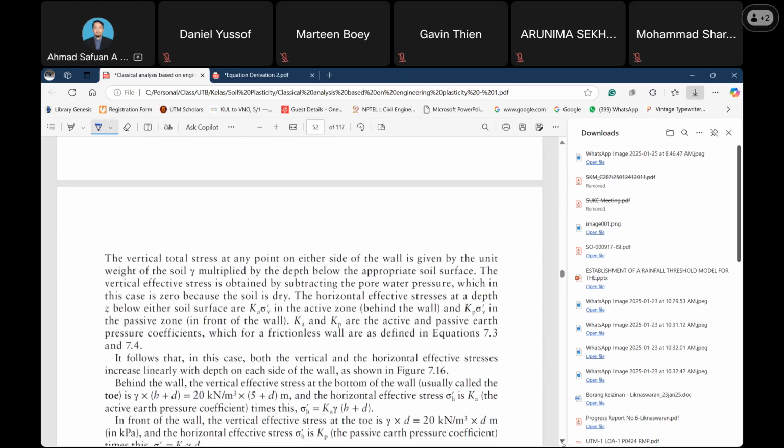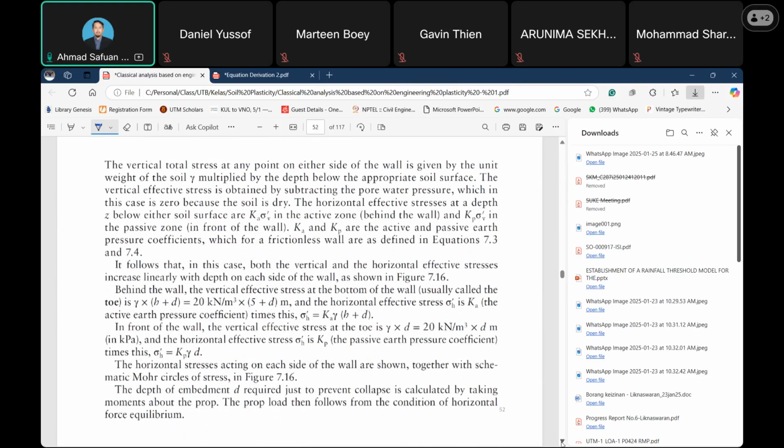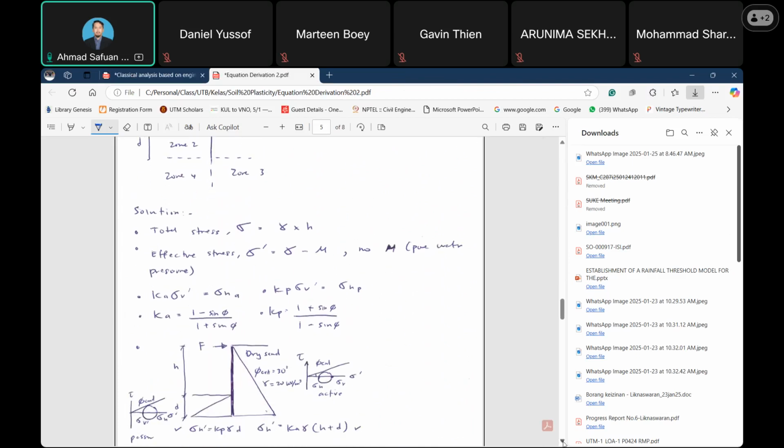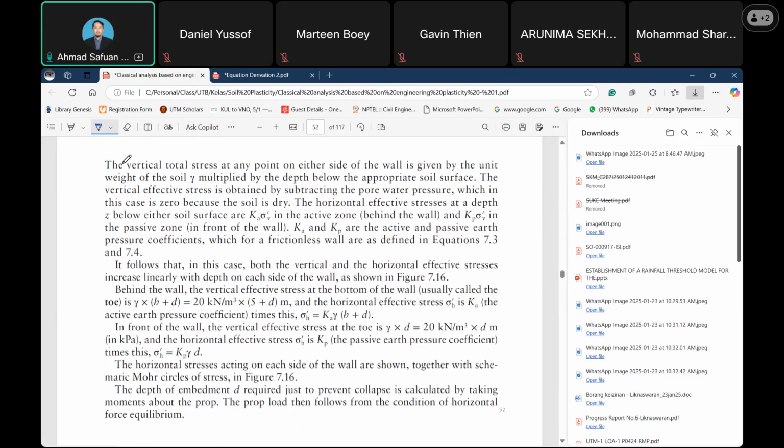Okay, so there is an explanation there. I will try to explain each sentence. For example, it explains the vertical total stress at any point on either side of the wall is given by the unit weight of the soil multiplied by the depth below the appropriate soil surface.